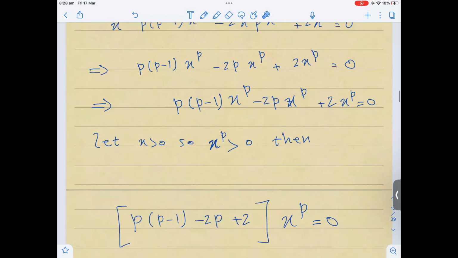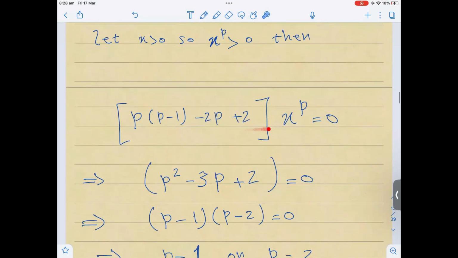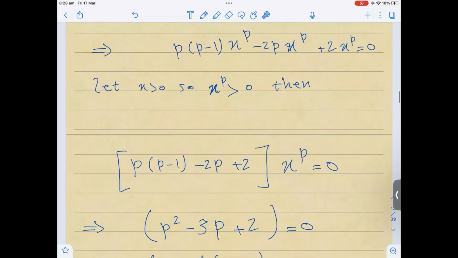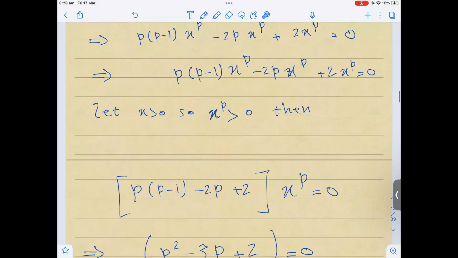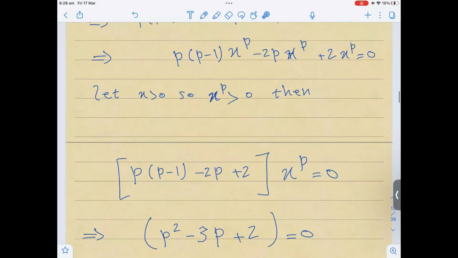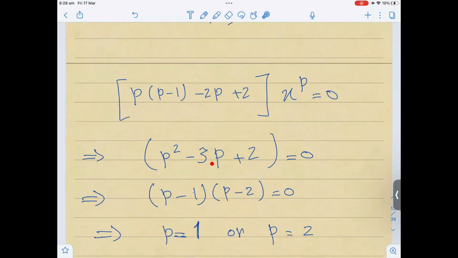If I factorize, I will get this bracket times x to the p. And you can see from here as well, p squared minus 3p plus 2 equals 0. I divided both sides by x to the p. Now, let's go back to the ODE.